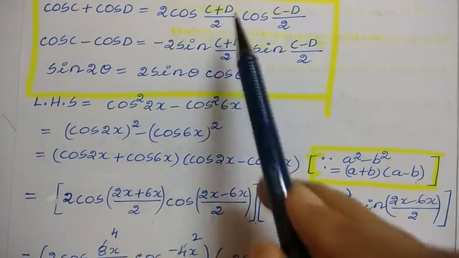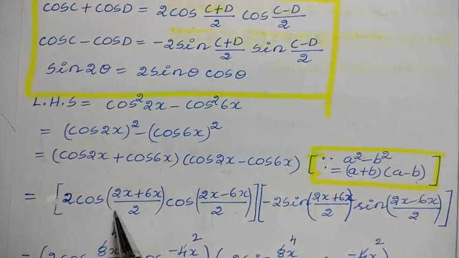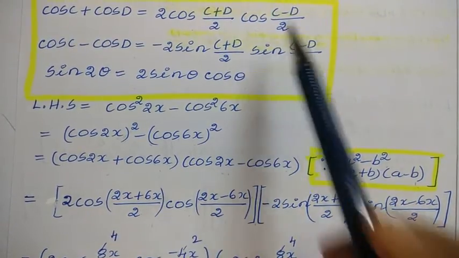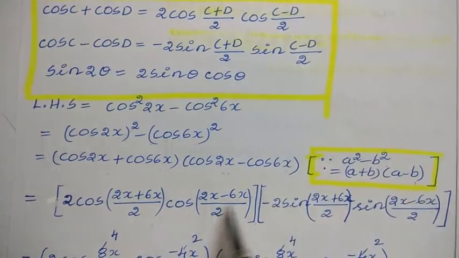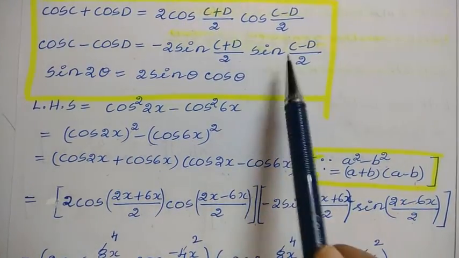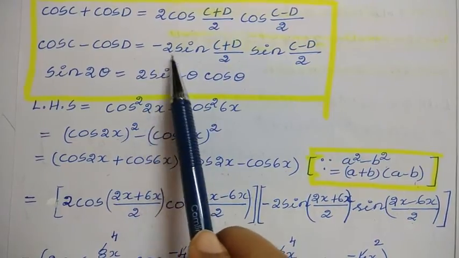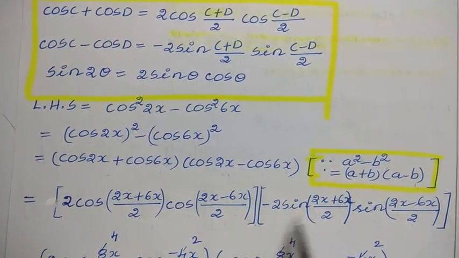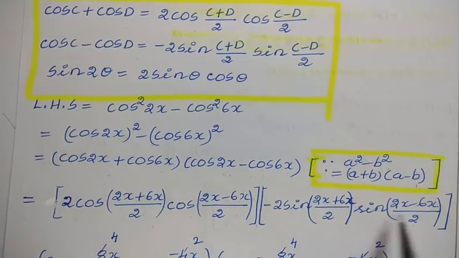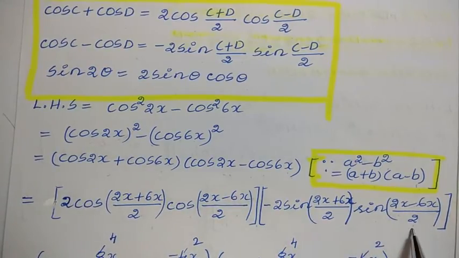If you apply this formula, it becomes 2 cos (2x plus 6x) divided by 2 into cos (2x minus 6x) divided by 2. Then for the next one, apply this formula. Here you have a negative sign, just remember that. So minus 2 sine (2x plus 6x) divided by 2 into sine (2x minus 6x) divided by 2.